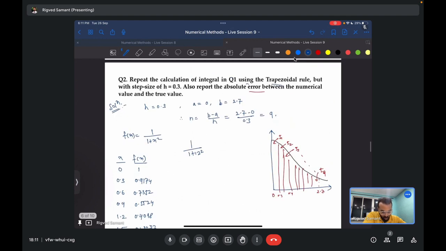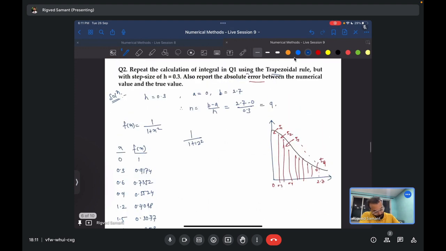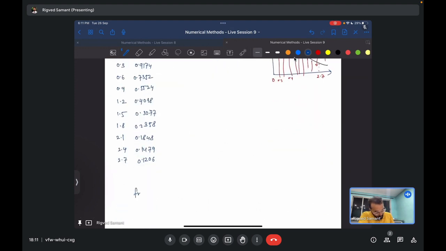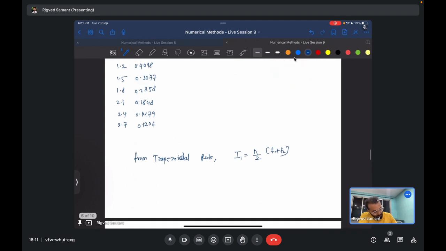Now what is our formula for this? The trapezoidal rule. From the trapezoidal rule, I1 is h by 2 into (f1 + f2). Similarly, I2 is h by 2 into (f2 + f3).